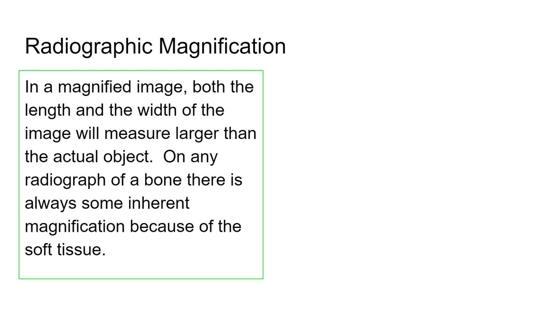But my skin and muscle is in front of the bone. Unless I carve it off, which is not very nice, I'm going to have inherent magnification built in, just because of the skin and muscle around any particular bone. So even if I get as close as I possibly can to the IR, I'm still going to have some inherent magnification.